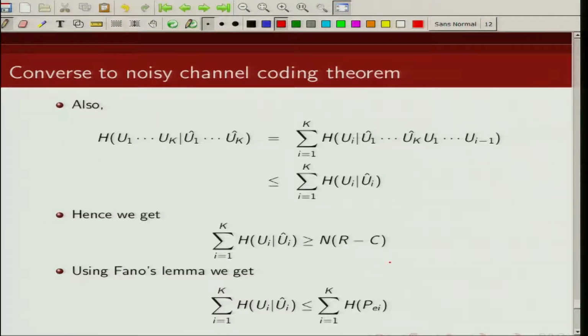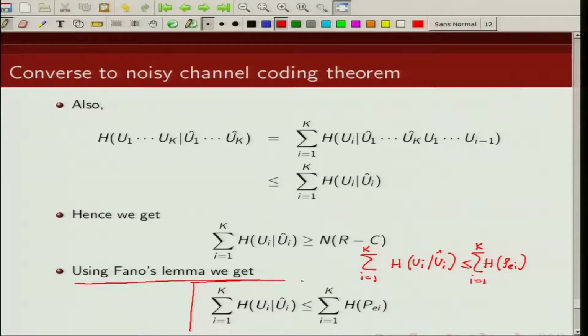So Fano's lemma for this will be H of ui given ui hat is less than or equal to H of Pi, because the other term, Pi log of (L minus 1), is 0. If we take the summation over all i from 1 to k on both sides, we get this. So using Fano's lemma, we get this relation.